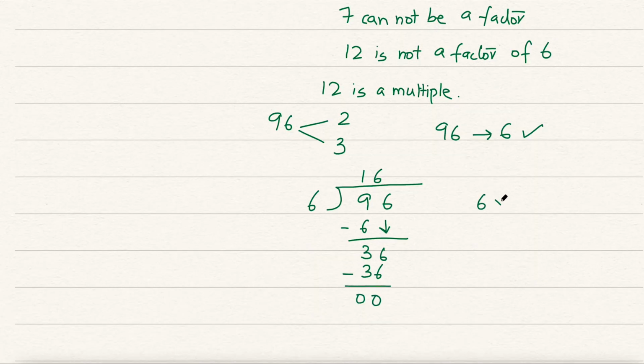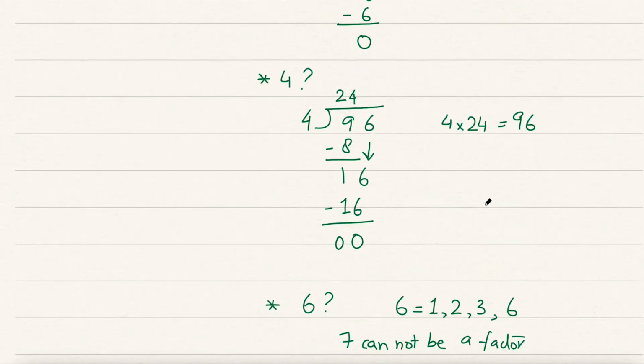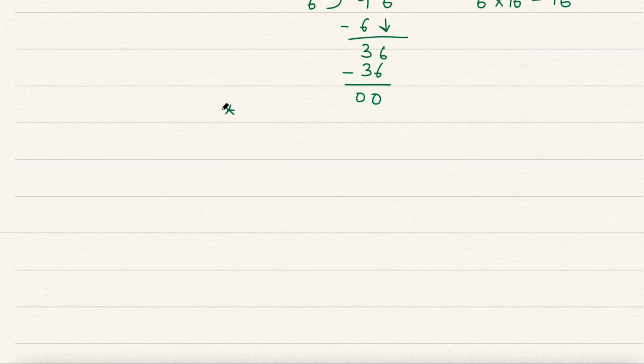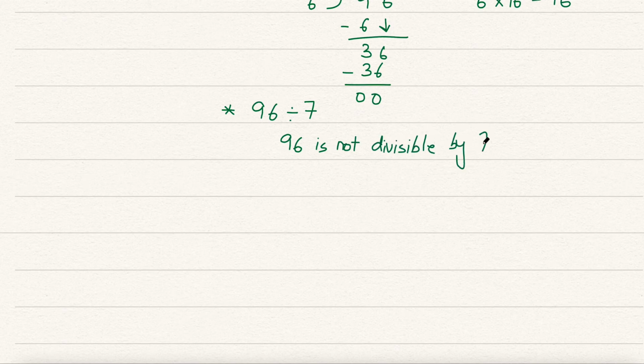So 6 times 16 is 96. Let's list the factors. 6 times 16 is 96. Now you can check by dividing 96 with 7 and see that 96 is not divisible by 7.